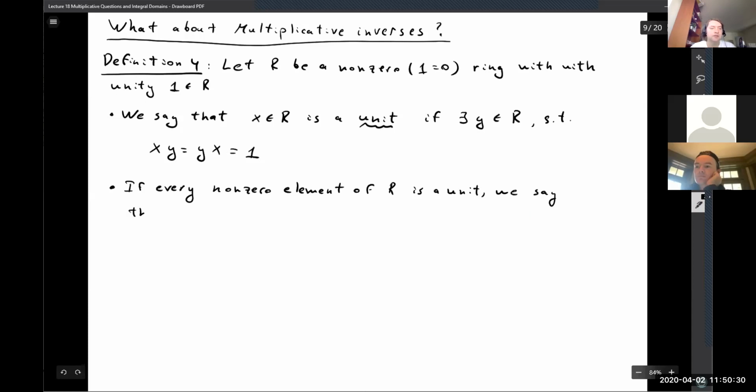Or skew field. That's just a synonym, sometimes used.